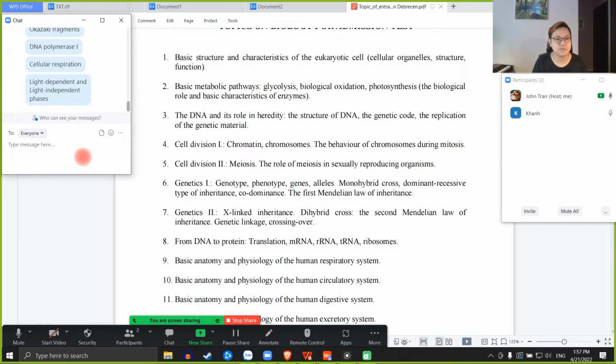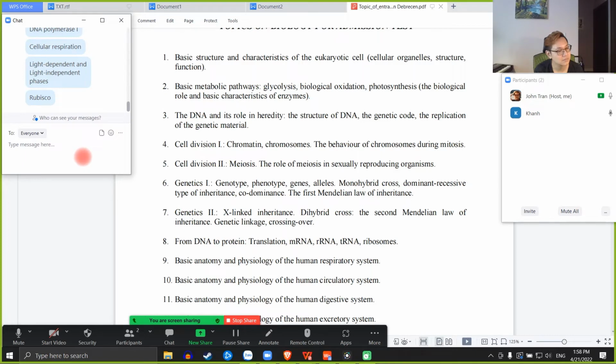Thank you. Phases. And then the basic characteristics of the enzyme, like Rubisco, for example. Yes, it's good. Photosynthesis also contains an electron transport chain, just like respiration.